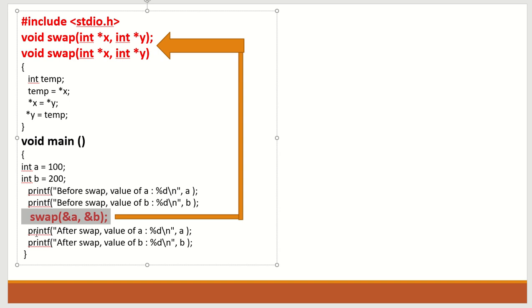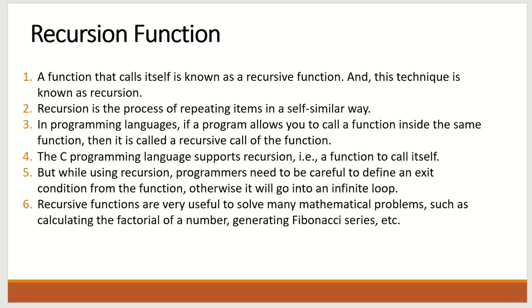But after that you are writing printf a, printf b. Now it will print the modified values, which is a is now 200 and b is what? 100, because of this logical part. So that is the only actual difference between call by value and call by reference.